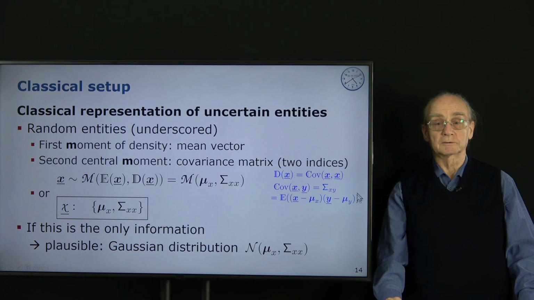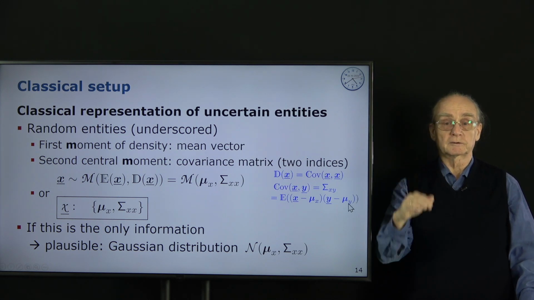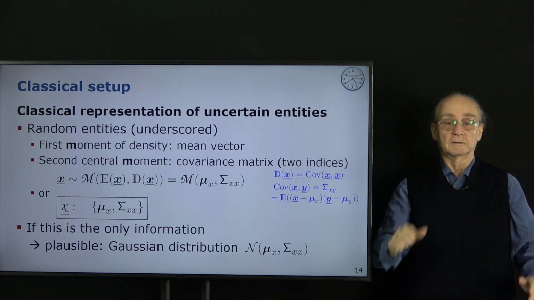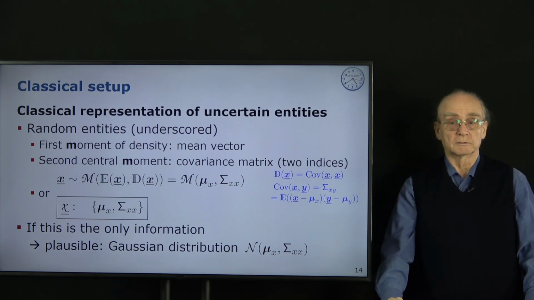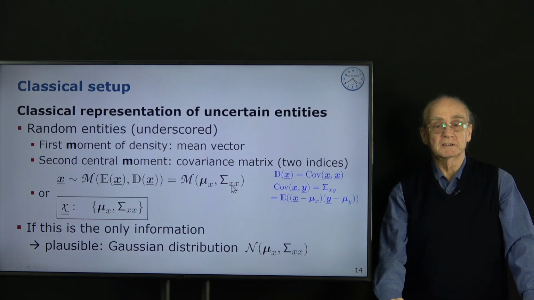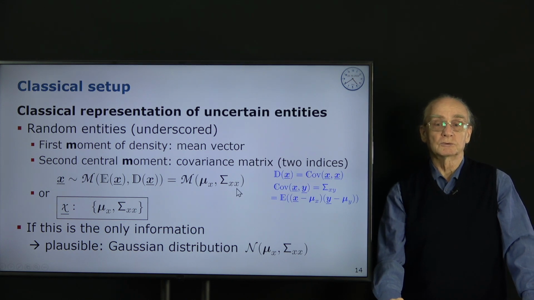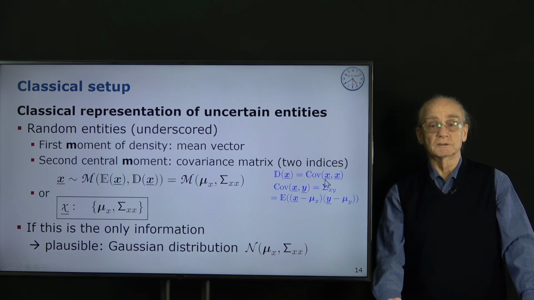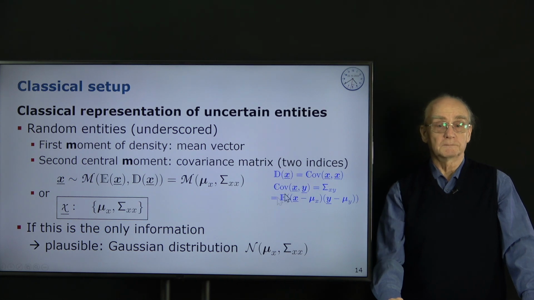There should stand a transposed with a horizontal vector, so you actually get a rectangular or in special cases a square matrix. That's the reason why we have here 2 indices in order to be able to generalize this notation to the case where the 2 arguments of the covariance matrix are different.